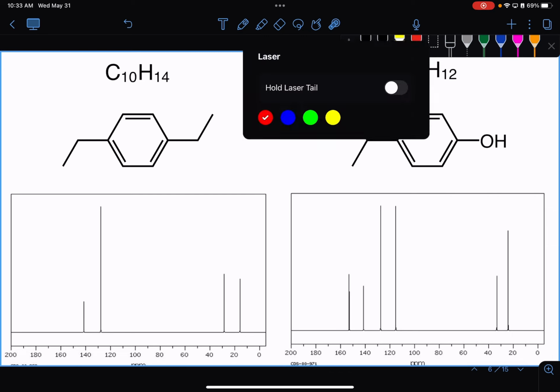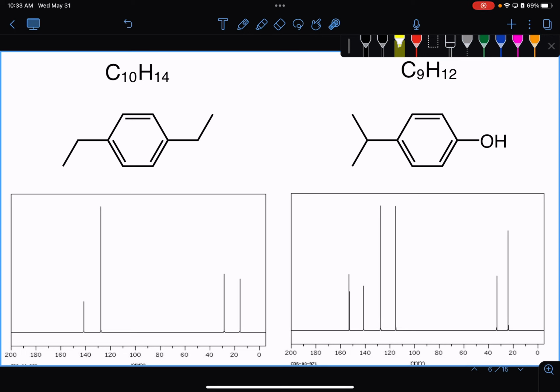For this one, the best way to think about it is, we have 1, 2, 3, 4. Let's say we cut it in the middle here, and we just think about these two parts. These two parts are equivalent, these two are equivalent, these are equivalent. So this is one of it, this is one of it, the terminal one is one of it.